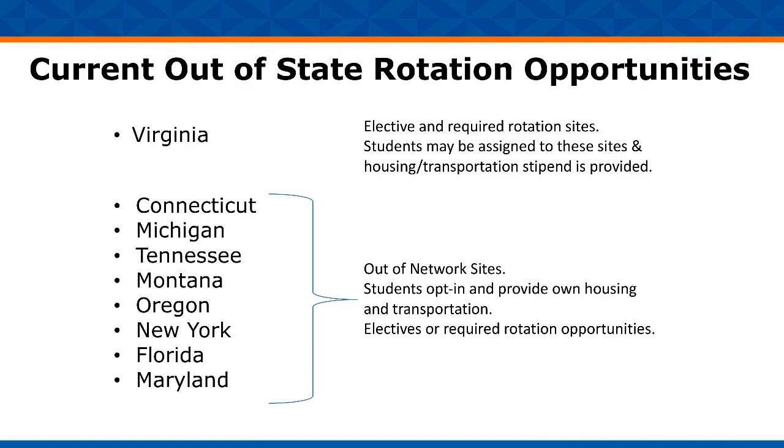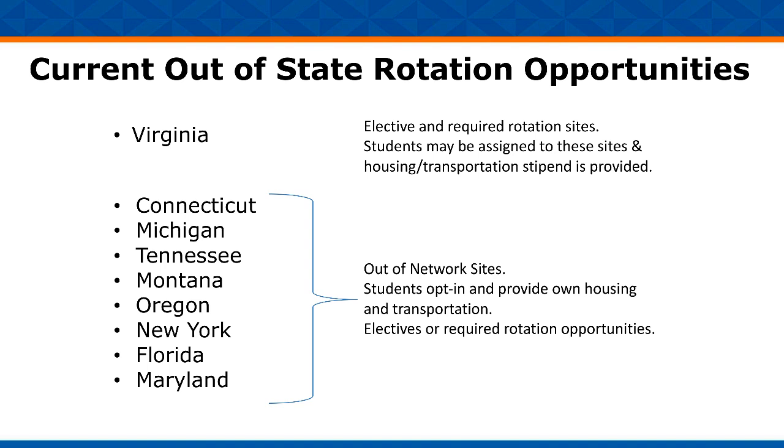There are several out-of-state opportunities, and these do continue to grow and develop. Currently, Virginia is the only out-of-state location where students may be assigned to their clinical rotation sites. All of the other ones listed here, opportunities within Connecticut, Michigan, Tennessee, Montana, Oregon, New York, Florida, or Maryland, are opportunities for site-specific rotations where students may choose to opt in.